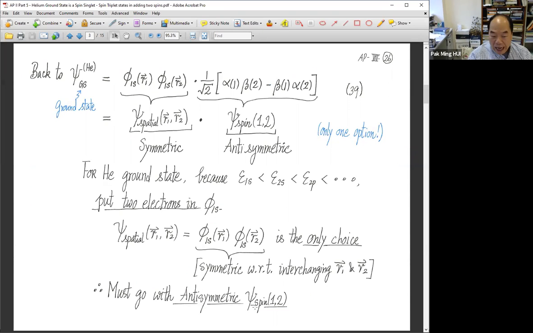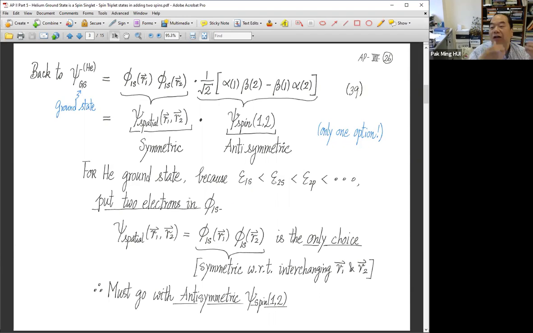Now let's inspect. Okay, we have seen this for our ground state, but for an excited state, we may have one electron in 1s, another electron in 2s. Then the two spatial states A, B can be different.